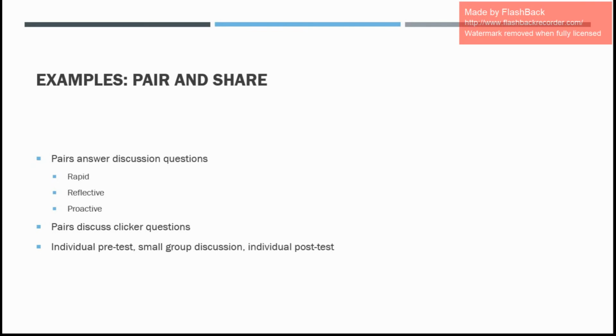And then the last one was proactive, so the pairs would discuss the questions and then have an opportunity to discuss it more with classmates. The pair discussion with clicker questions, which is that next bullet there, is very similar to the clicker questions that was mentioned on the previous slide. However, this one, the pairs were able to discuss either before answering or even after answering.